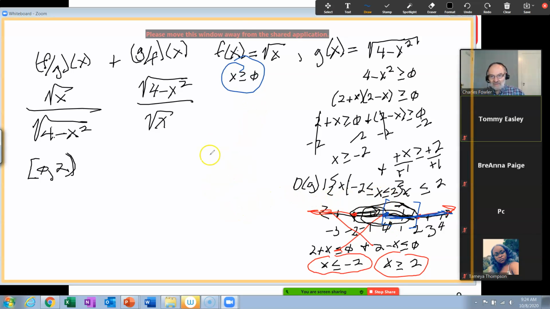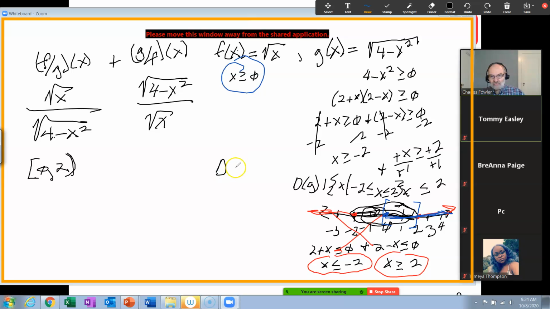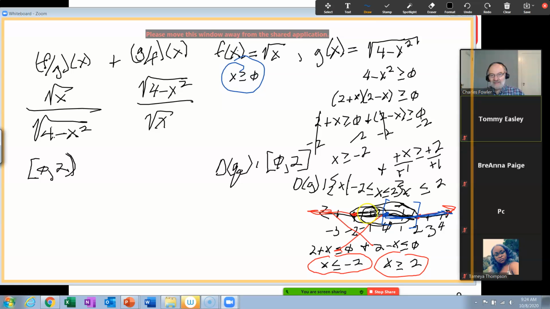So the domain of the quotient function starts off being between 0 and 2. I just got tired of writing set notation, so I'm writing an interval.